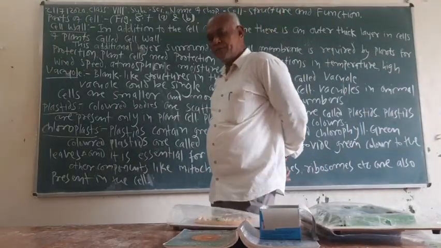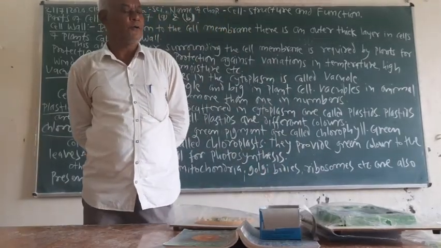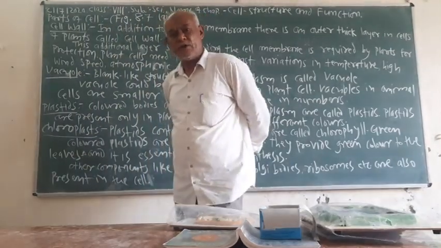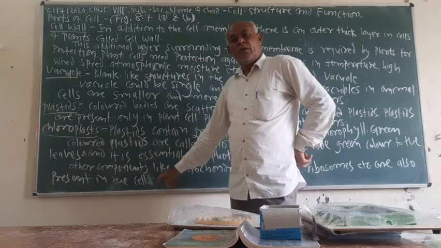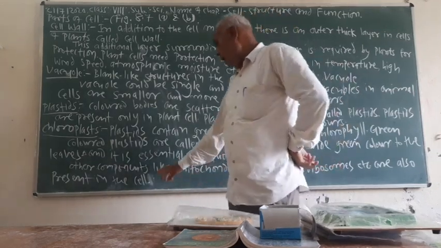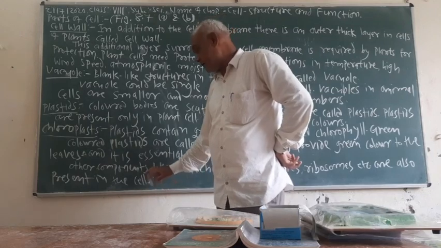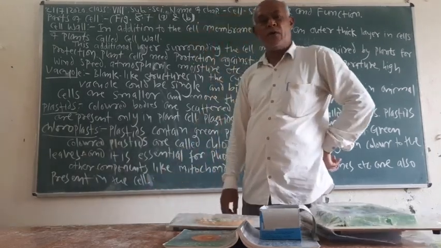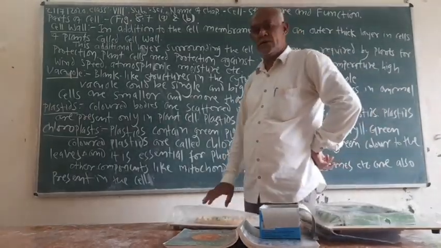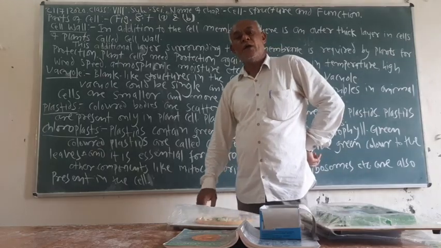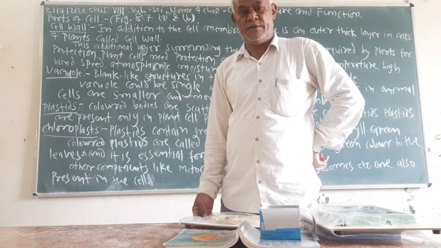So this food making process by the plant is called photosynthesis. In photosynthesis, chlorophyll is essential. If chlorophyll is not present in the plant leaf, then the photosynthesis process does not occur, food is not made, and oxygen is not liberated in the atmosphere.